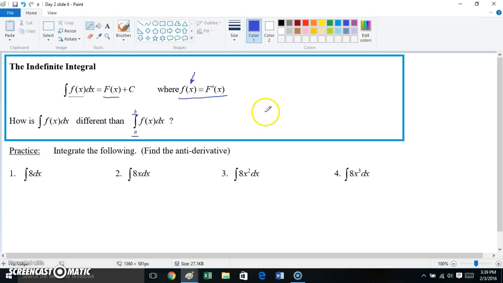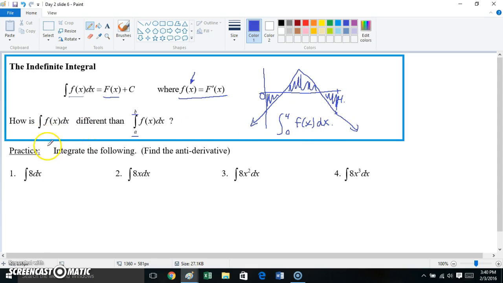So, for example, in that last picture that we just looked at, where we were looking from 0 to 4, those were technically our limits of integration. And we could have said the integral from 0 to 4 of little f of x dx. Okay, if the graph goes on forever and ever, I would still, and we call this a definite integral, just be finding the area under the curve on the interval from 0 to 4.